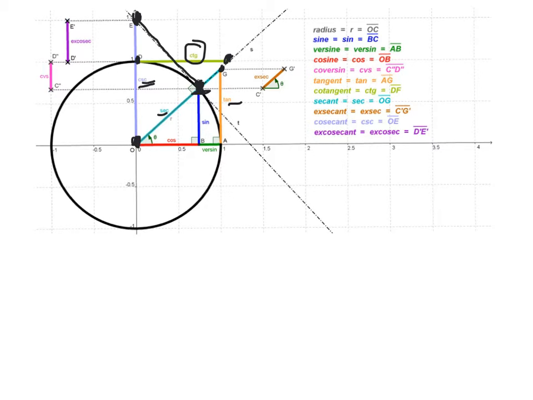The versine, as we see here, is just 1 minus the cosine of theta. That would be from A to B here. So it relates to the cosine.